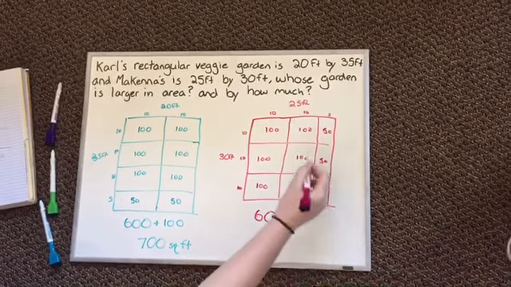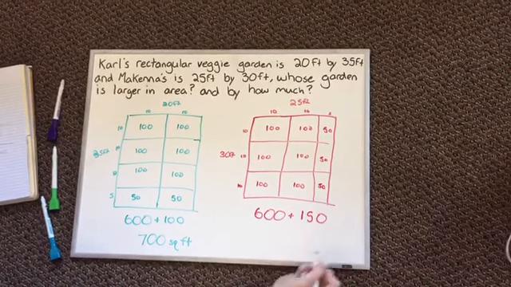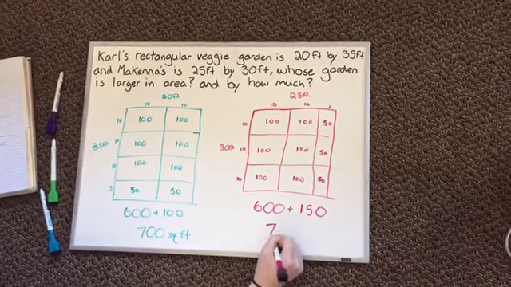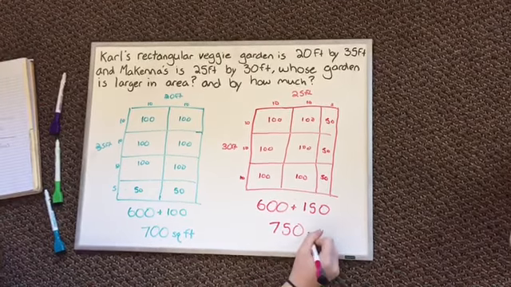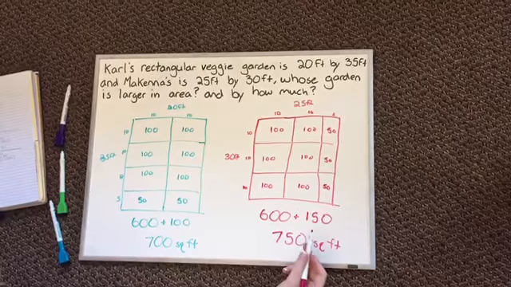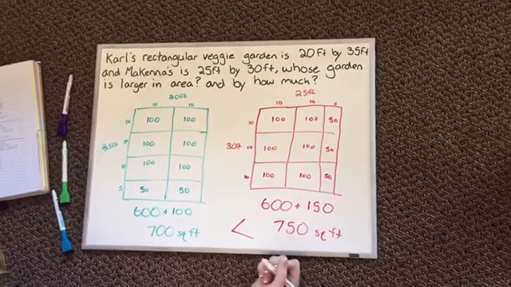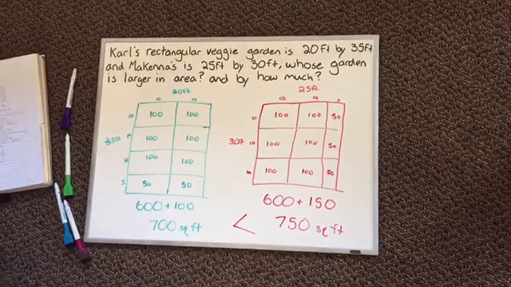And we have 3 50s to give us a total of 150. So when we add those together, we know that McKenna's garden is 750 square feet. So this shows us that McKenna's garden is 50 square feet larger than Carl's garden.